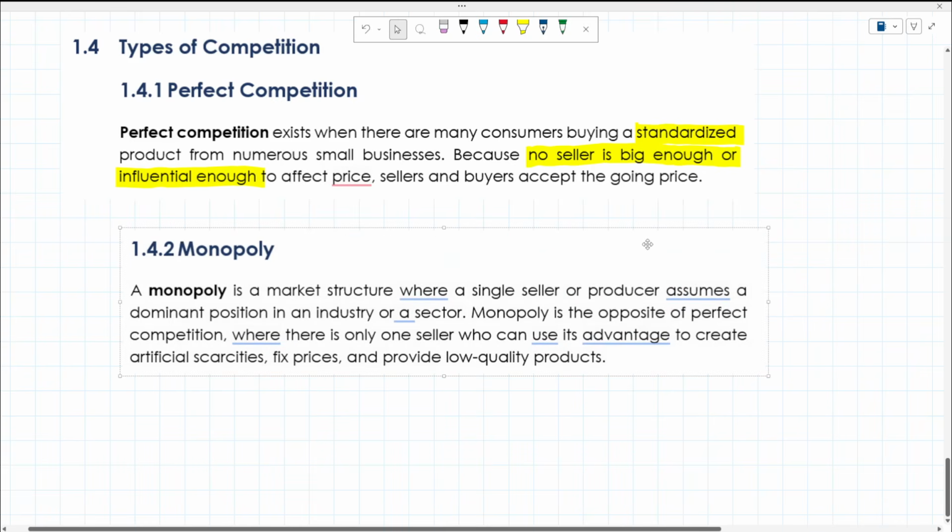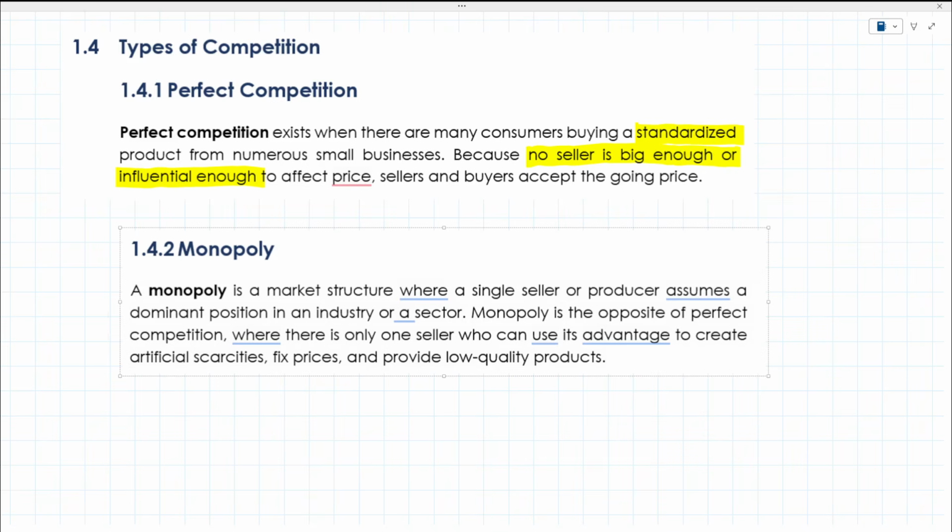In here there is no standardized product. I mean, it's not automatic that the product is standard. The vendor can just select some product, offer it even if it's low quality, and since he is the only seller of that product, then buyers have no choice but to buy that product.